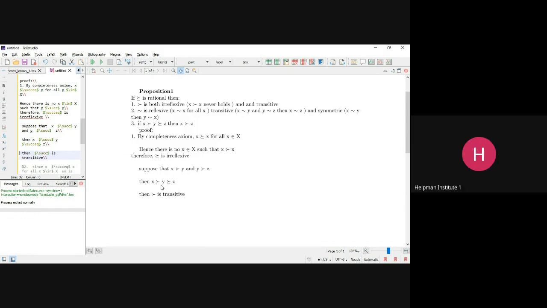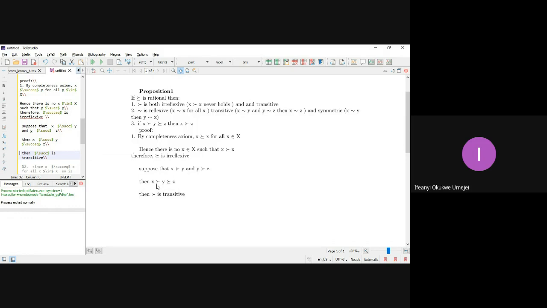Yeah, that's the logic. But if x is preferred to y and y is preferred to z, how then is y equally as good as z since it is preferred?